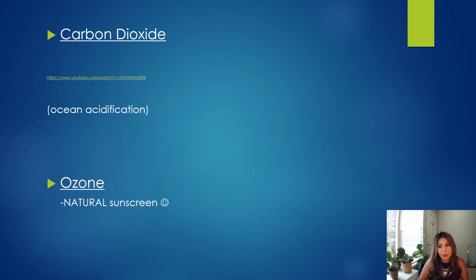So many different ways. It is naturally produced, but you can also say that it's produced by human origin, right? Car combustions, transportation, industry. Anytime you burn a fossil fuel, it releases CO2 into the atmosphere.